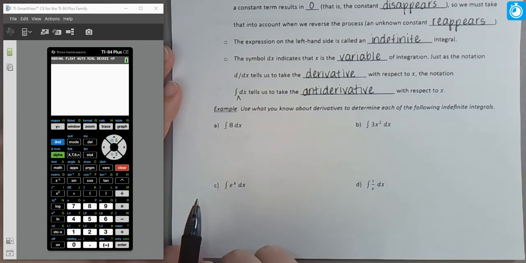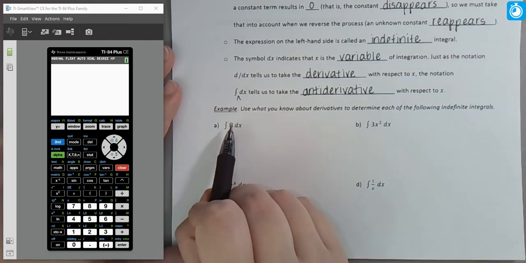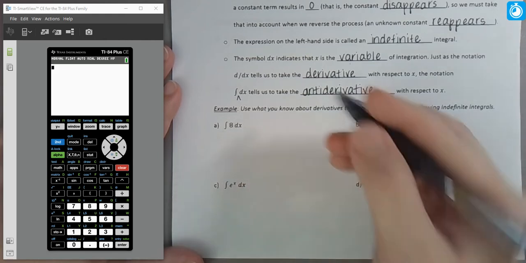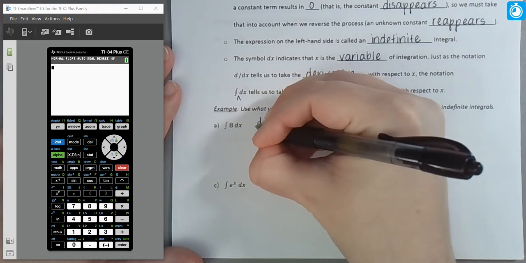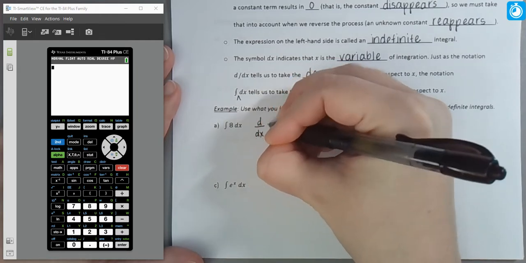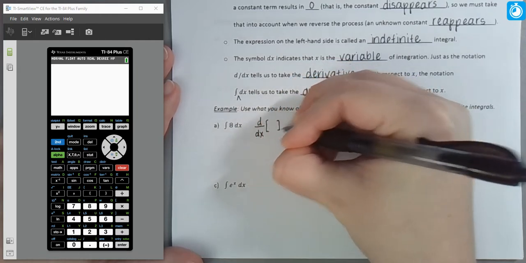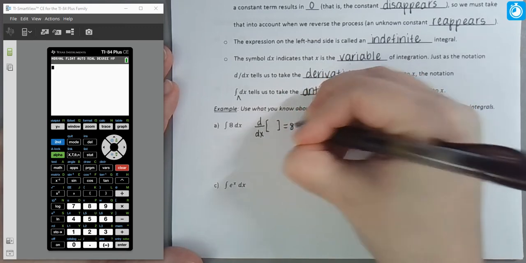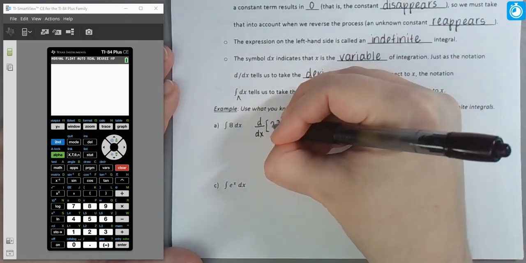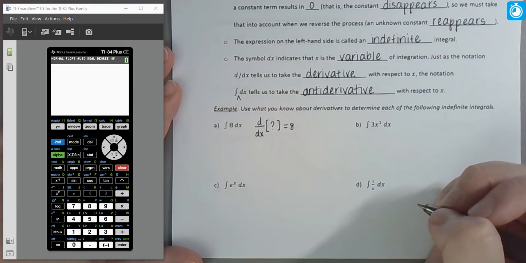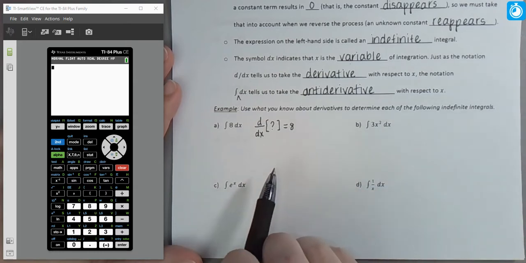So remember, we're reversing differentiation. We're asking the question, what function would we start with that would result in this as its derivative? So in other words, if we took the derivative with respect to x of this function, the result would be 8.